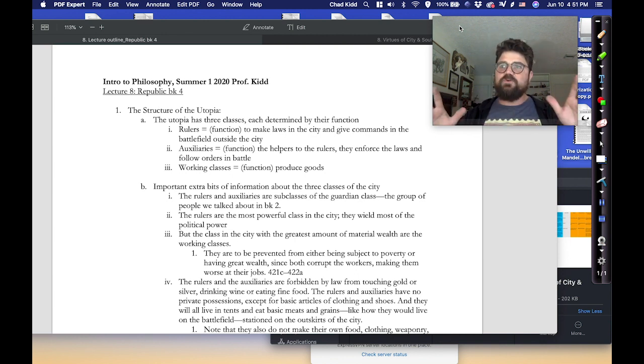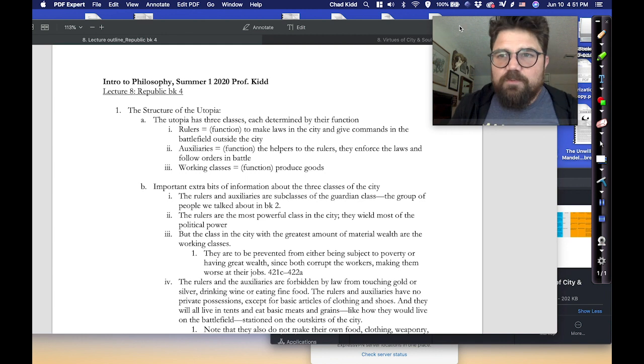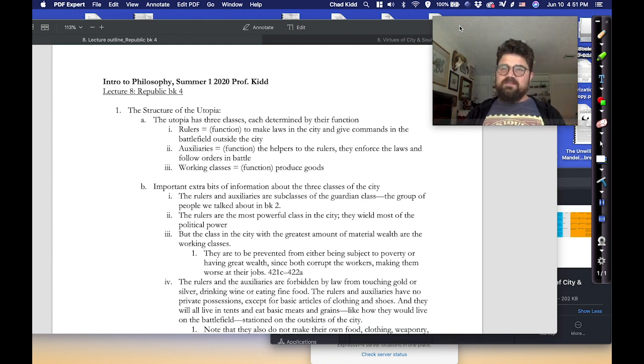Sounds great, right? Well, before we can dive into that, we need to get a little bit more information about the utopia that Socrates has developed. The reason we need to do this is because there's some information in Republic Book 3, which we didn't read, that's really crucial, I think, for understanding key parts of what's going on in this dialogue.